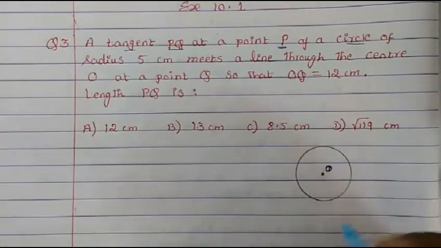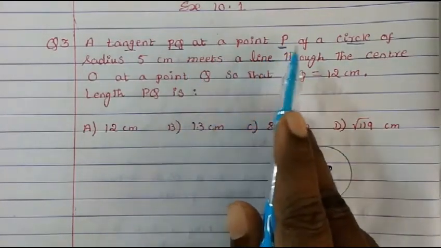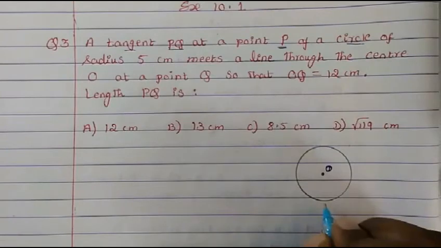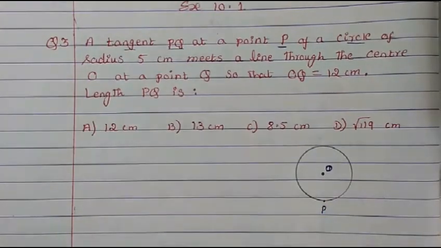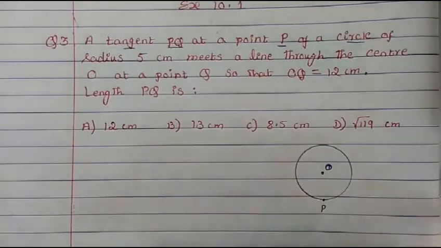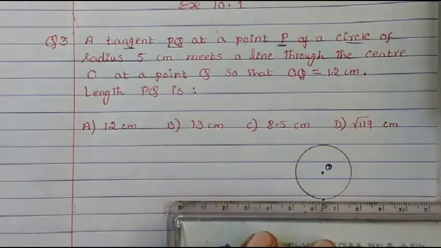So this is O. Now we have to draw a tangent PQ at the point P of the circle. That means P should be on the circle, so let us take this as a point P. At this point we have to draw a tangent.